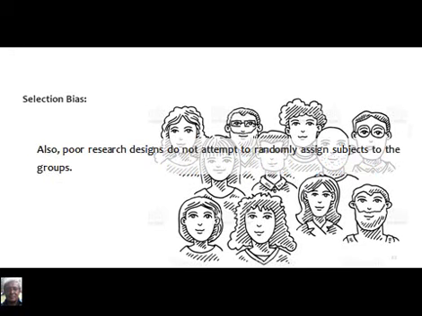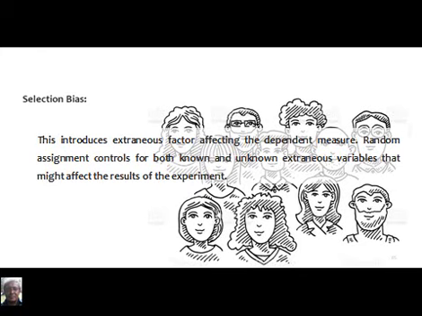Also, poor research designs do not attempt to randomly assign subjects to the groups. This introduces extraneous factors affecting the dependent measure. Random assignment controls for both known and unknown extraneous variables that might affect the results of the experiment.